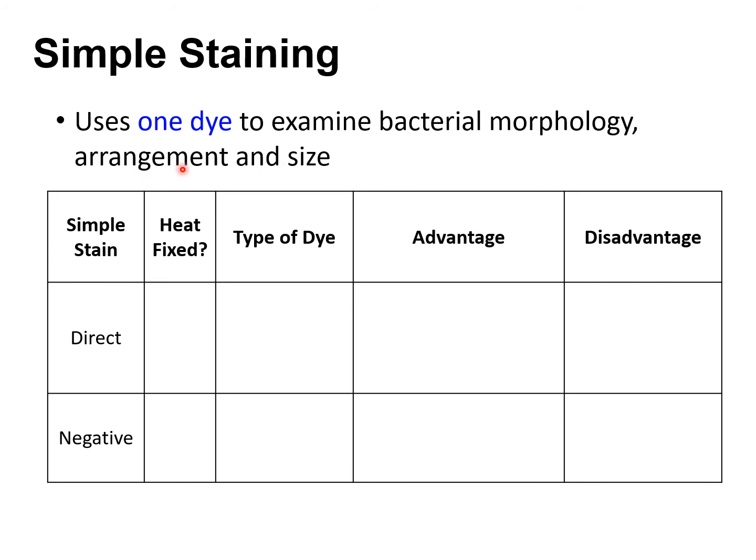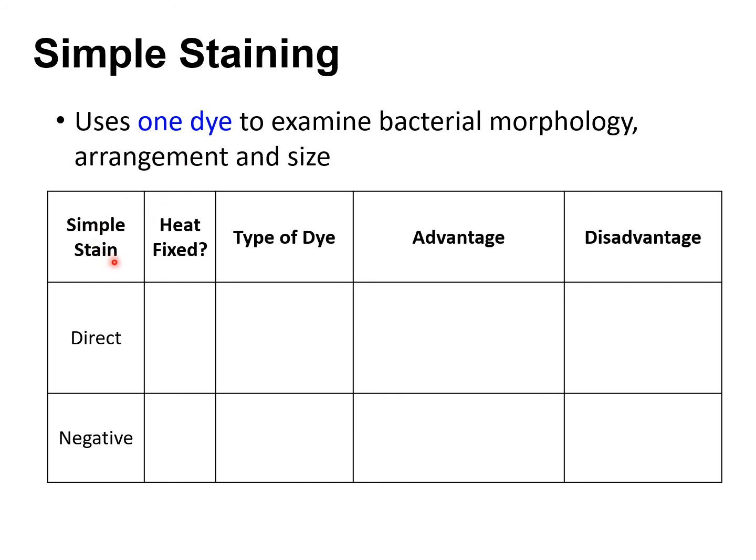Arrangement means, is it arranged in a chain-like format? That would be strepto. Is it clumped up? That would be staphylo. Remember those arrangements that we discussed in lecture. So simple stain gives you information about the bacteria morphology, the arrangement, and its size.